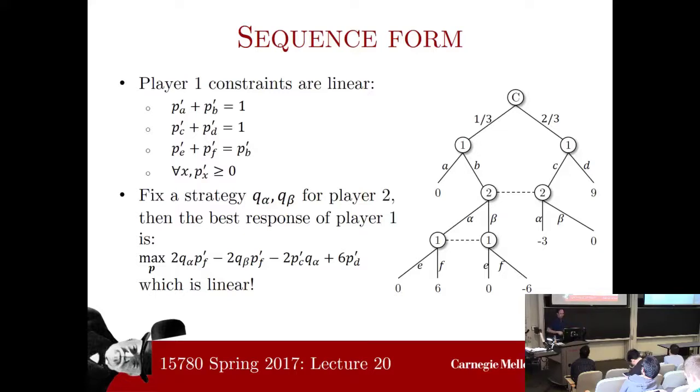Now this is great, because we can ask what's our probability of reaching this node? It's going to be Q alpha times P prime F, which already contains this probability inside it, in a sense. So these are our linear constraints, but now our objective function is also going to be linear, because we care just about the last probability in the path, which captures all of the probabilities on the way in it.